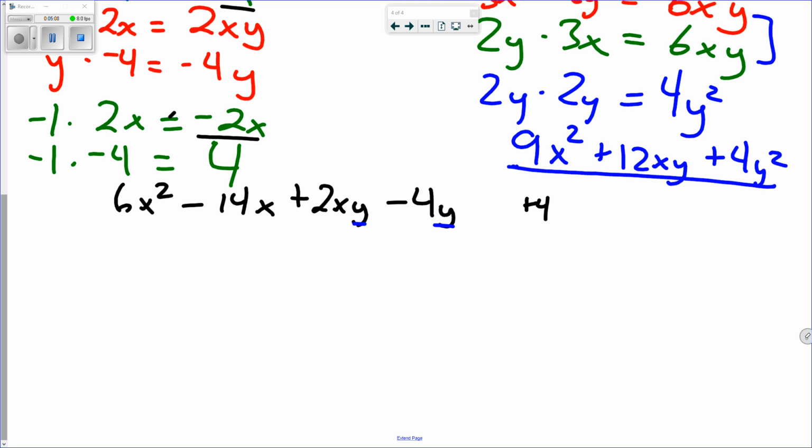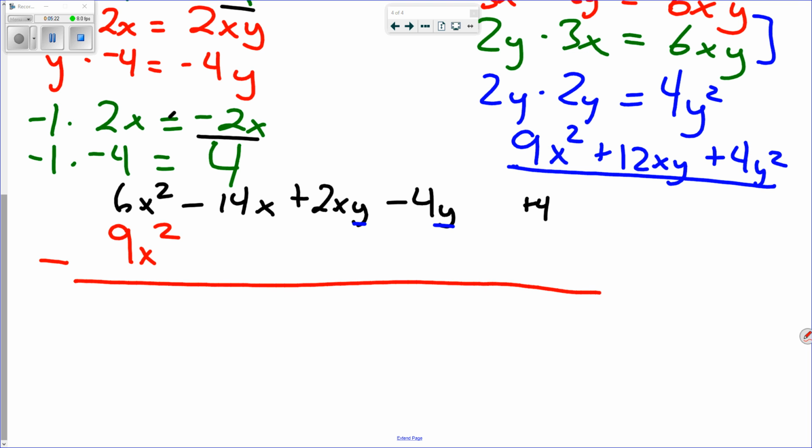So we're going to subtract all of the stuff in blue. So we go over to the blue, we have a 9x squared. So we line that up with the 6x squared. So 6x squared minus 9x squared, that's negative 3x squared. We go over to the blue stuff. Do we have anything with just an x? We do not.